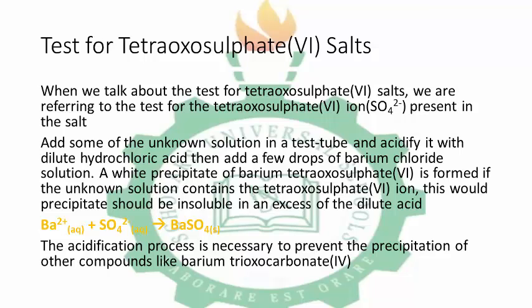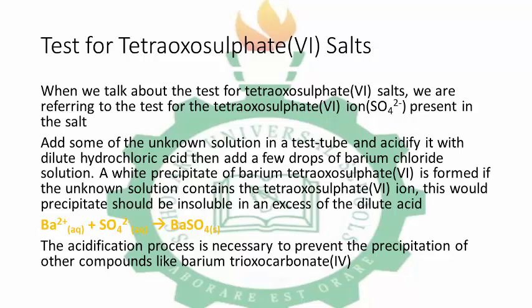But please take note, we acidify using hydrochloric acid in this process. Then you add a few drops of barium chloride. If you notice a white precipitate, you can suspect that it is a tetraoxosulphate(VI) salt.